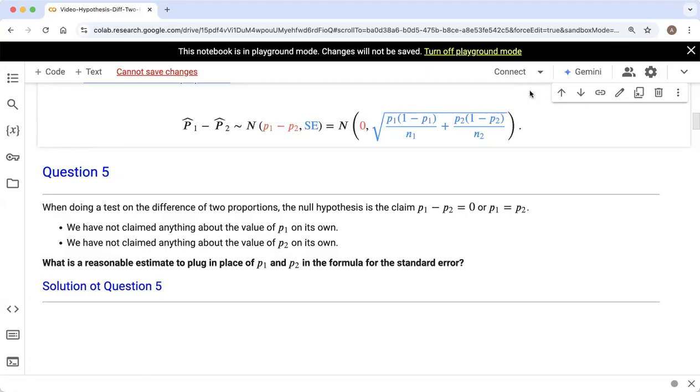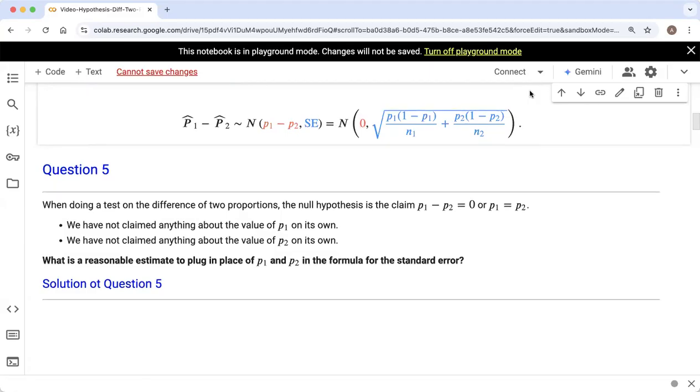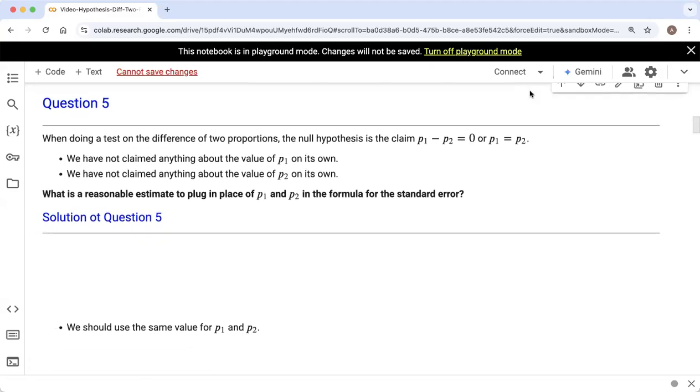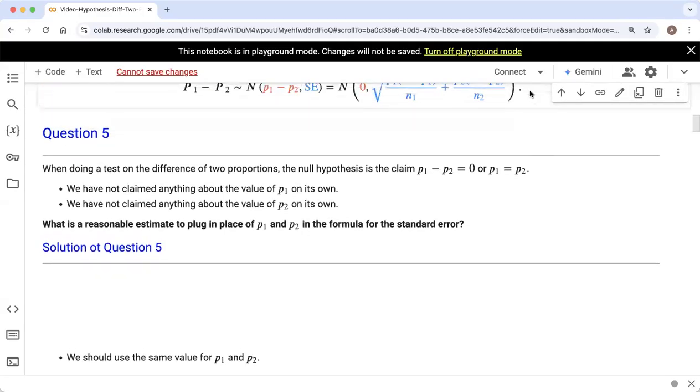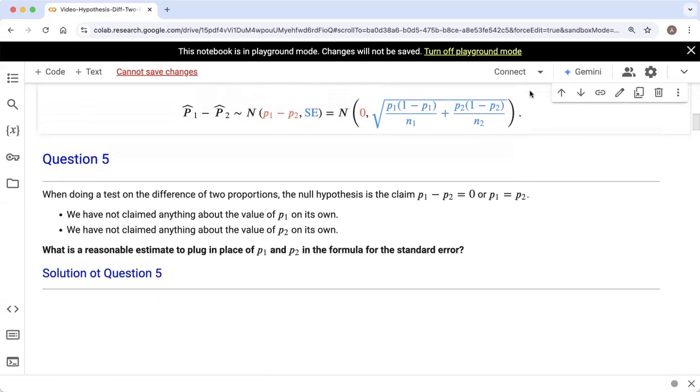According to our null hypothesis, we might as well have grouped all of these children together as far as their likelihood of getting an ear infection is concerned. So one reasonable thing to do, first of all, is this: our null hypothesis claims that P1 and P2 are equal to each other.